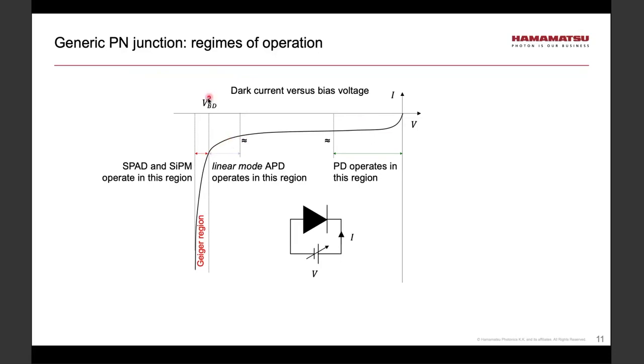Now, there is a voltage known as the breakdown voltage, which separates this linear mode operation from what we call Geiger mode operation. The significance of this voltage is that if the reverse voltage is higher than VBD, then an avalanche, if I produce one in the device, would not quench by itself, would not stop. It has to be stopped either passively using, as we'll discuss later, a resistor, or actively using current sensing circuitry and a MOSFET transistor.